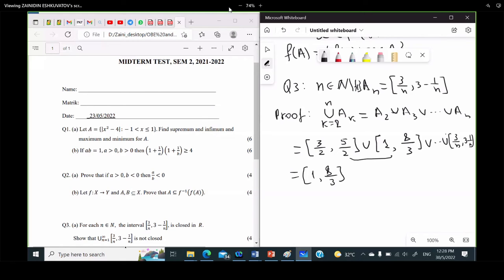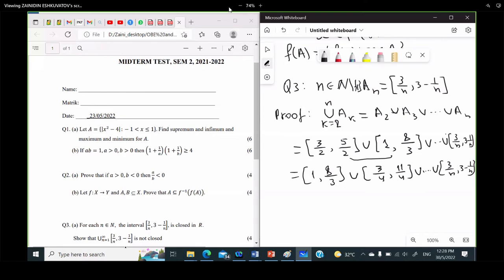So the next union is 2, 3, 4. When n is 4, 3 minus 1 over 4 is 12 minus 1, 11 over 4. Okay, union, 3 over n and 3 minus 1 over n.